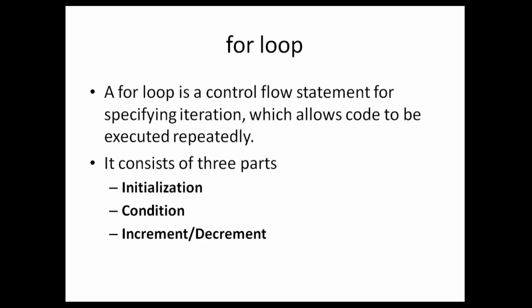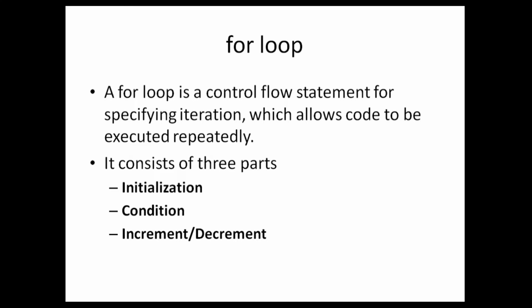For loop. For loop is our first loop, and for loop is a control flow statement for a specific iteration which allows code to be executed repeatedly. We'll use this for loop to repeat our block of statements n number of times. Basically for loop consists of initialization, condition and increment decrement part.